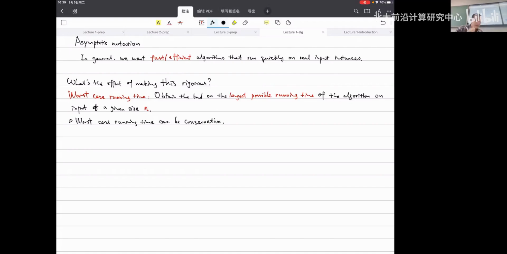But we want to make sure that even for the worst case, it still works. So this generally captures efficiency in practice, and this is actually the main focus of this course.